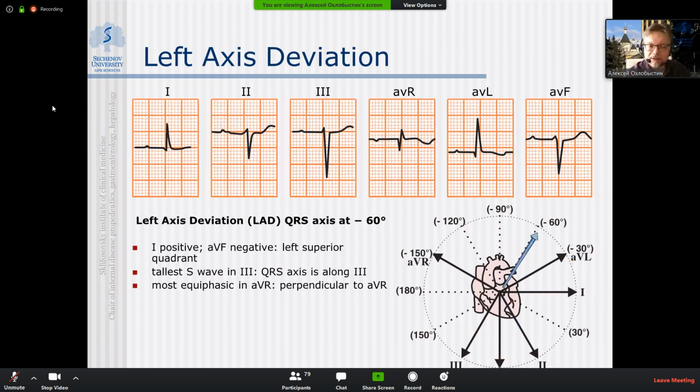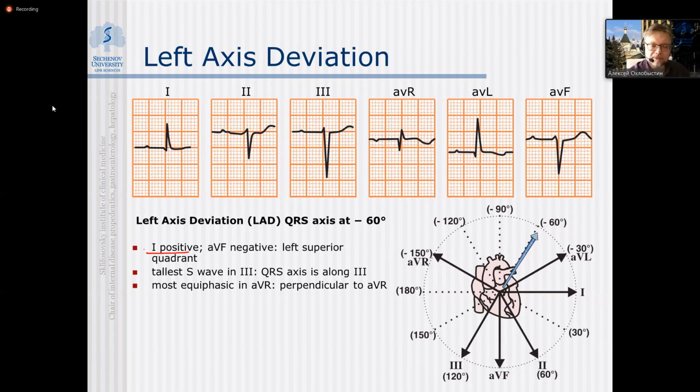Left axis deviation, again, starting from the roughest and then the simpler things. First is positive, here it is. AVF is negative. Here is the positive for the first and negative for the AVR section. It's the upper left quadrant. Where inside that quadrant?